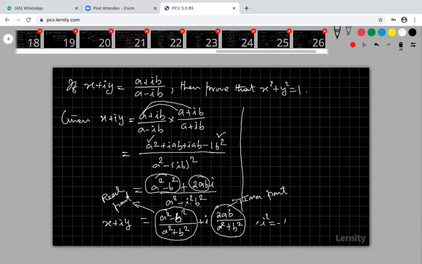Now I got my x plus iy. My x plus iy is nothing but this real part plus i into the imaginary part. What is my x minus iy? My x minus iy is nothing but (a square minus b square) divided by (a square plus b square) minus i into 2ab divided by (a square plus b square).